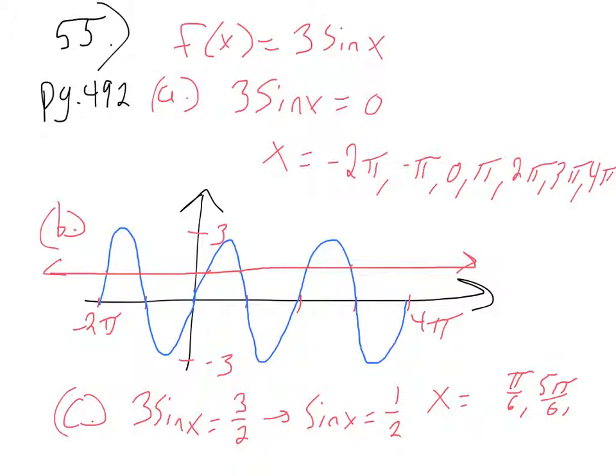And then going over here, it's also going to happen at 2 pi plus pi over 6, which is going to be 13 pi over 6. And then 5 more than that, which would be 18 pi over 6, which would be 3 pi, so yeah, 17 pi over 6.